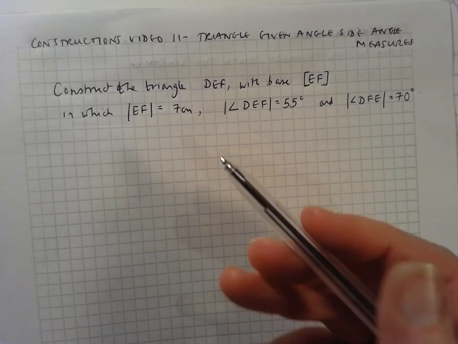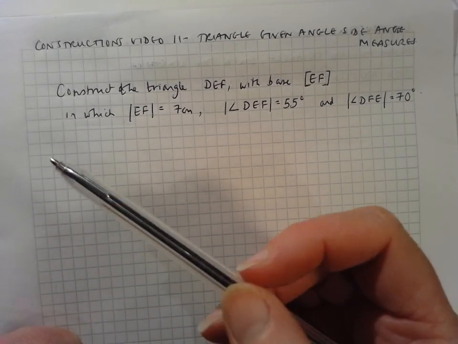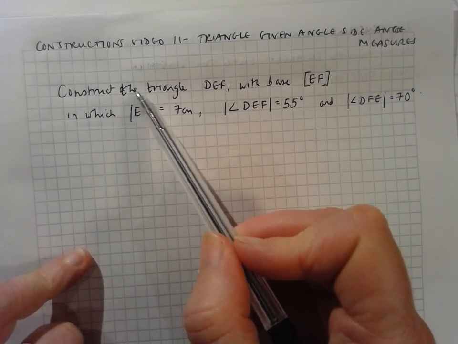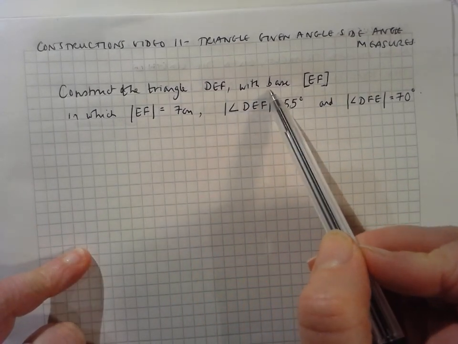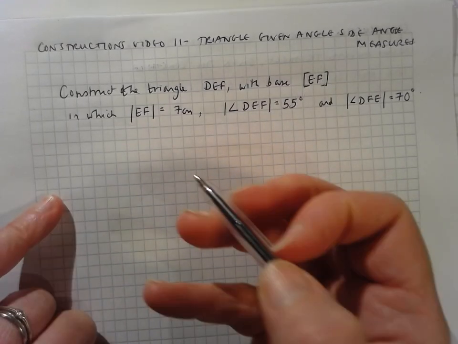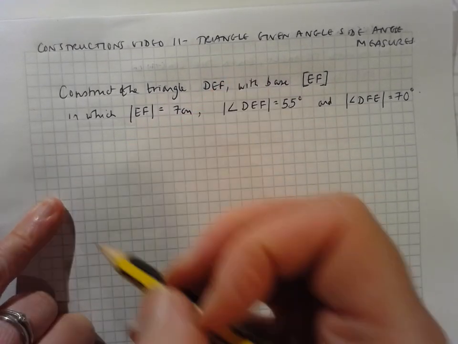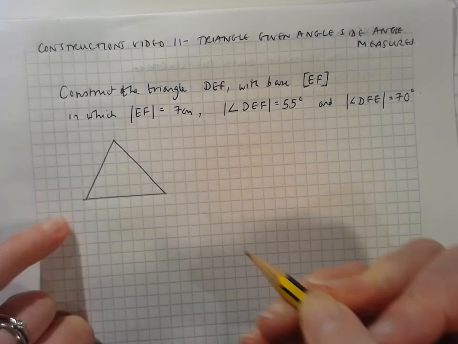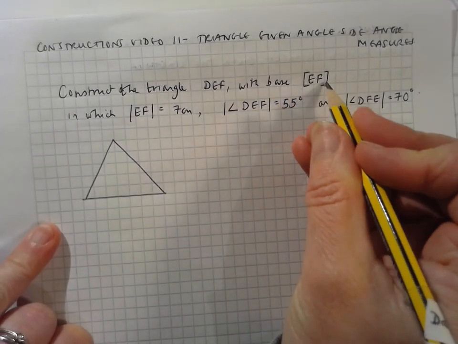So for instance, we'll unpack some of this language. We're constructing a triangle DEF with base EF. So let's draw our sketch, get our pencil. Here's our sketch, it doesn't matter what it looks like. Triangle DEF with base EF.